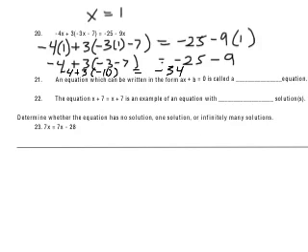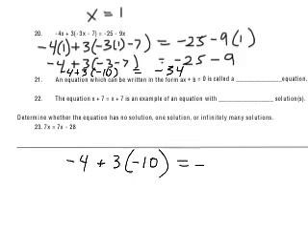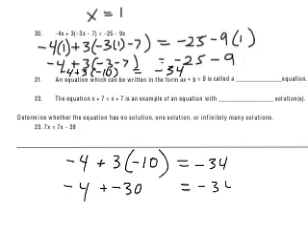Okay, let me break it down here. We have negative 4 plus 3 times negative 10 equals negative 34. 3 times negative 10 is negative 30, plus negative 4 equals negative 34. So negative 34 equals negative 34. Now notice, we got negative 34 equals negative 34.